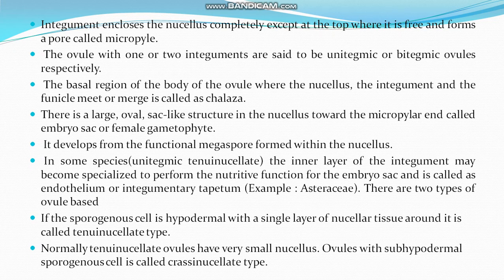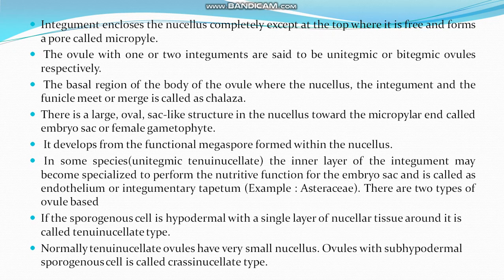In some species, unitegmic and tenuinucellate, the inner layer of the integument may become specialized to perform the nutritive function for the embryo sac. It is called endothelium. It is otherwise known as integumentary tapetum. Example, Asteraceae. It is one of the important 2 mark questions.